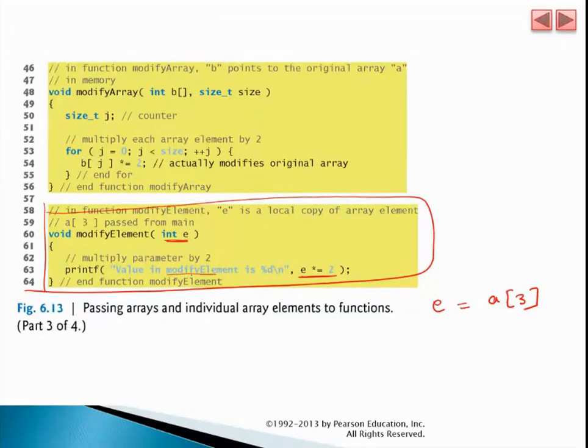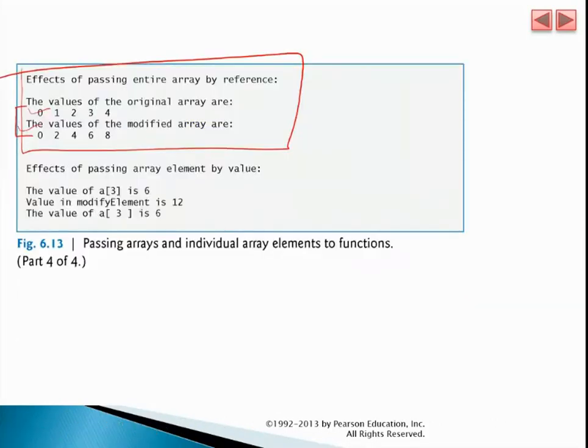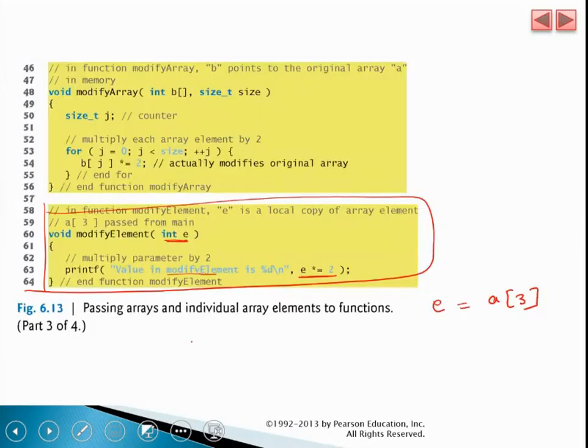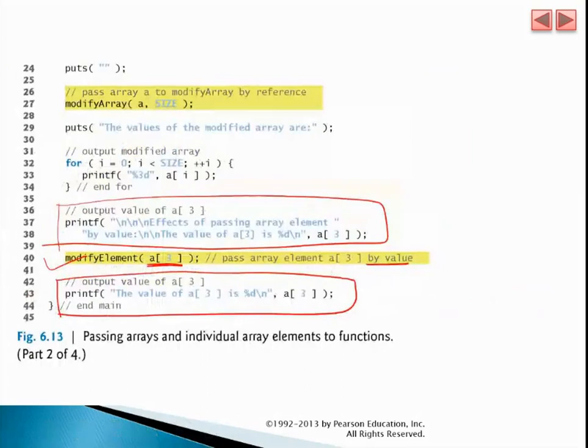So we are doing printing inside the function, and we will do printing outside the function also, after calling this function. So there are 3 printings. This is the first printing of a of 3, which is before calling the function modify element. The second printing is done inside this function, and the third printing is done once we return from this function.